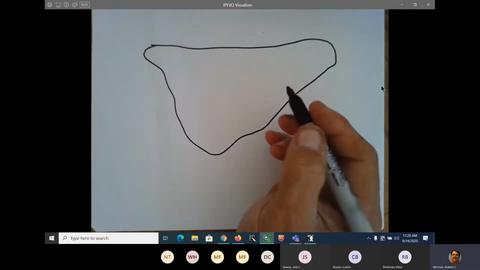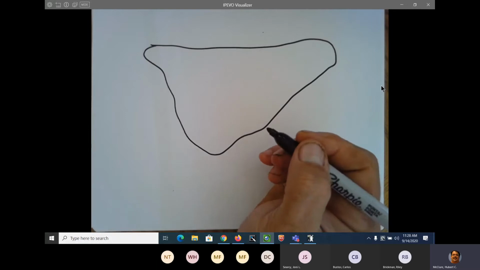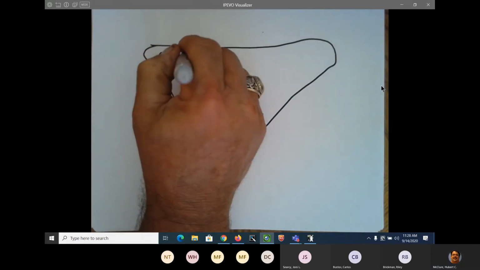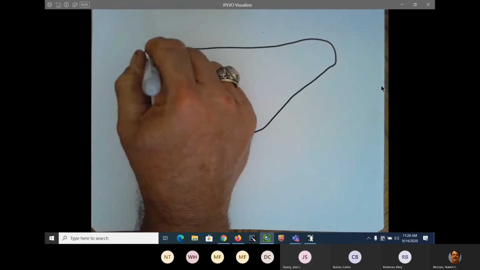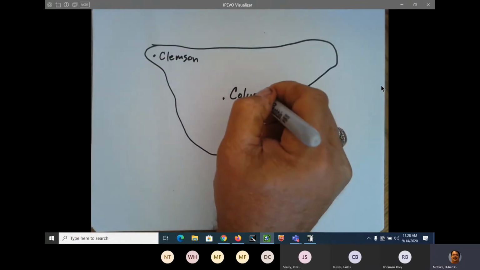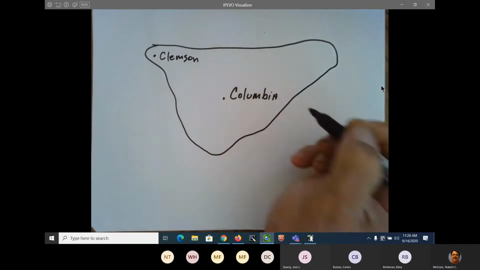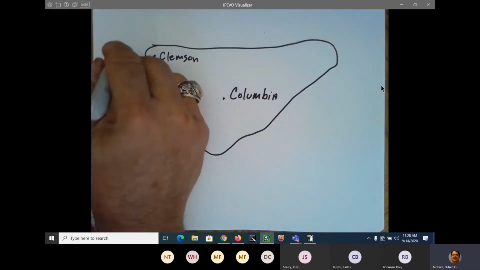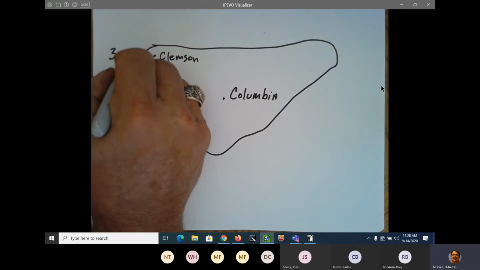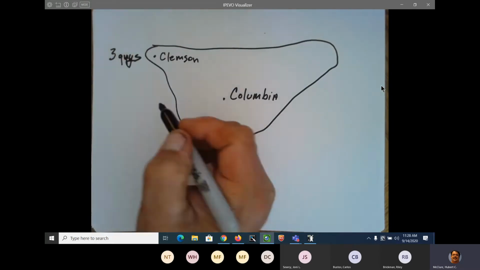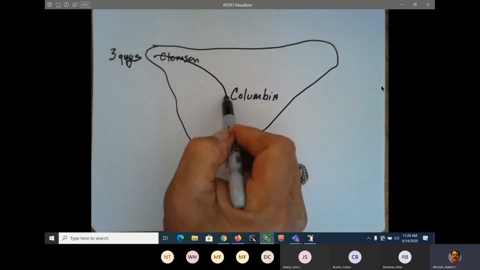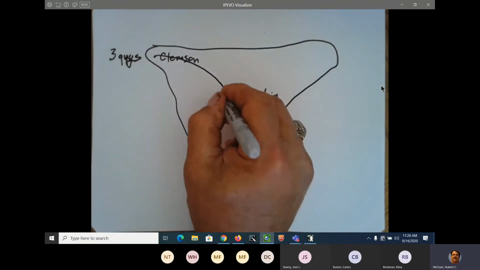This is the state of South Carolina. Don't laugh at my drawing. This is Clemson. And this is Columbia. Three guys, three Clemson students, leave Clemson to go to the USC football game, Clemson USC football game.